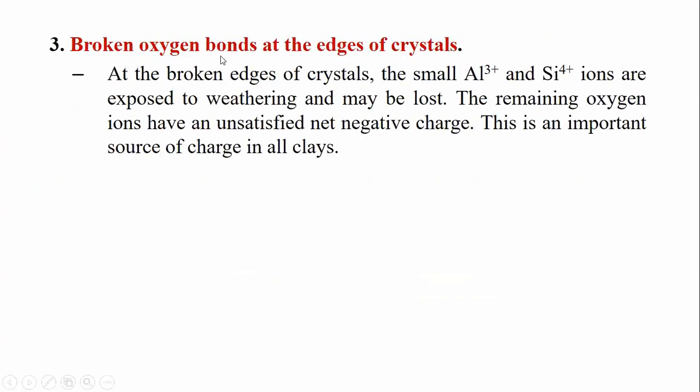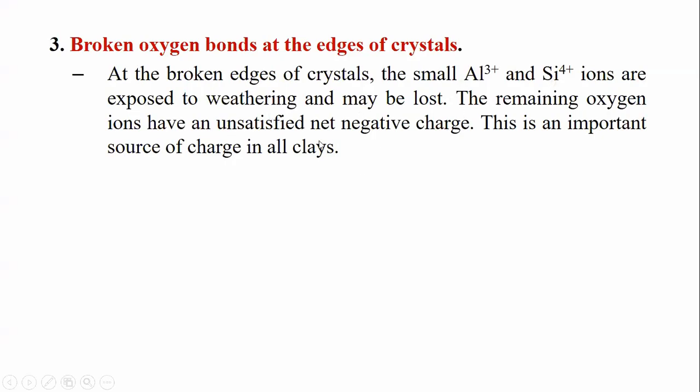And then the broken oxygen bonds at the edges of crystals. During the weathering process, sometimes these minerals may be exposed to the weathering. Therefore, the apical oxygen may be partially bare, and the aluminum or the silicon may be exposed to the environment.